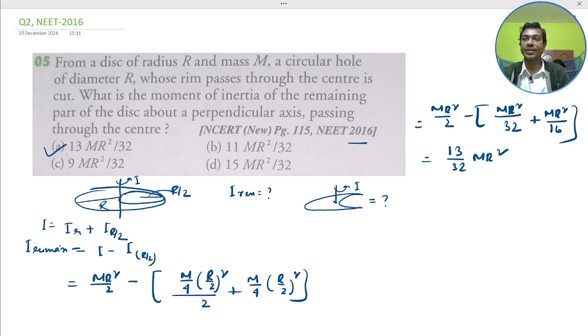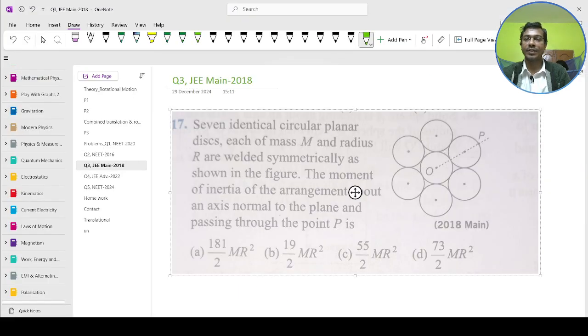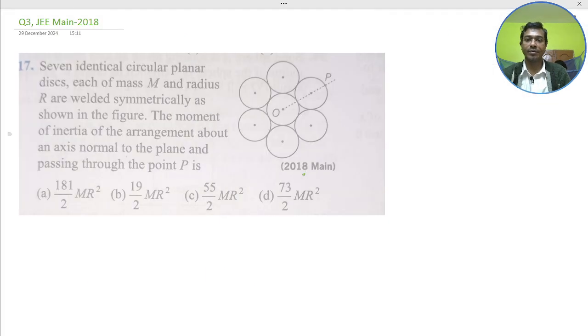Now go ahead, our next, JEE Main 2018. 7 identical circular planar discs, each of mass m and radius r. You have to find the moment of inertia of the whole arrangement.